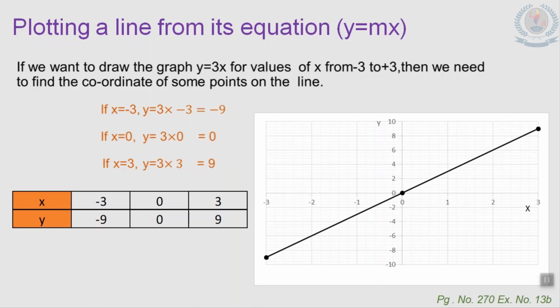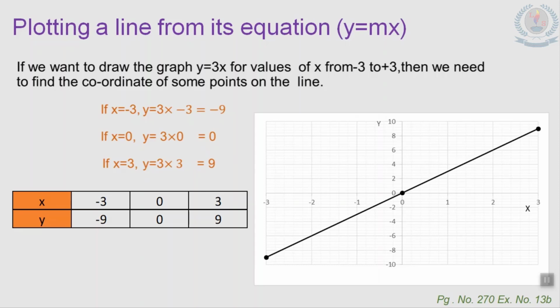So I can find the y value by solving the equation y equals 3x. I have taken x as minus 3, so y is equal to 3 times minus 3, equal to minus 9.